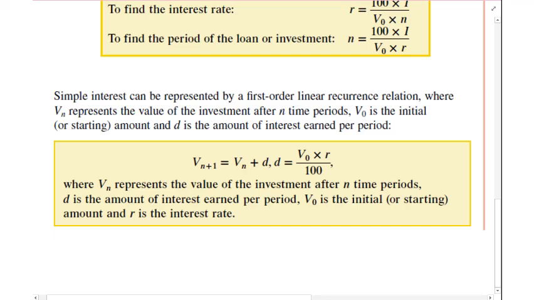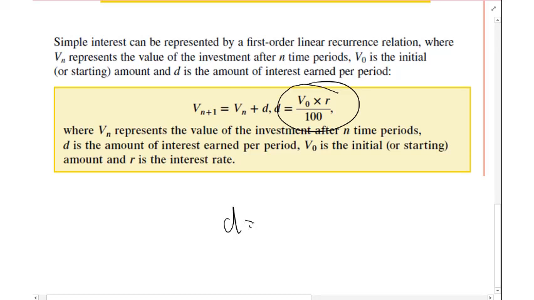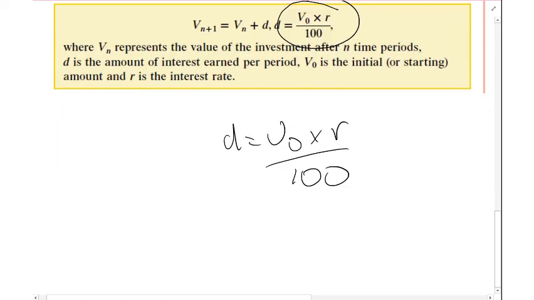So you can calculate that D is per period. D equals V0 times R over 100. Say my interest is, let's pick an easy number, and we're doing it per year, just because it makes our life a bit easier. That is my time period.